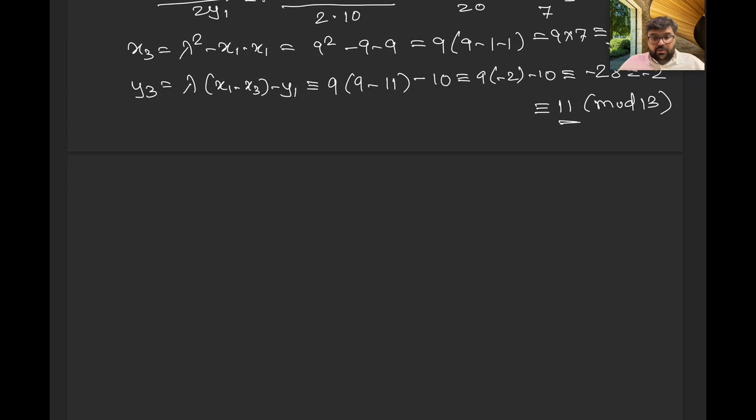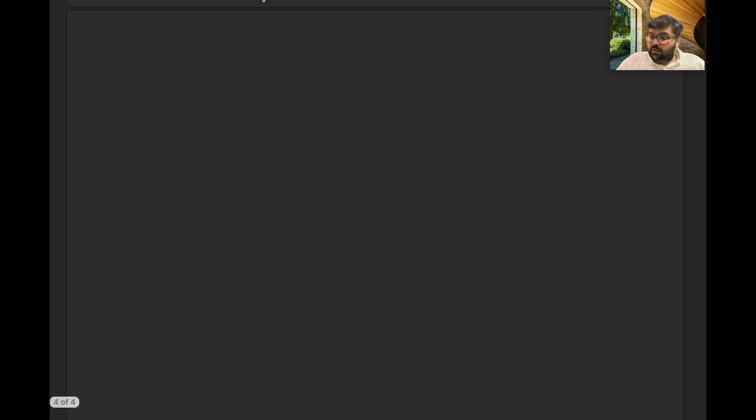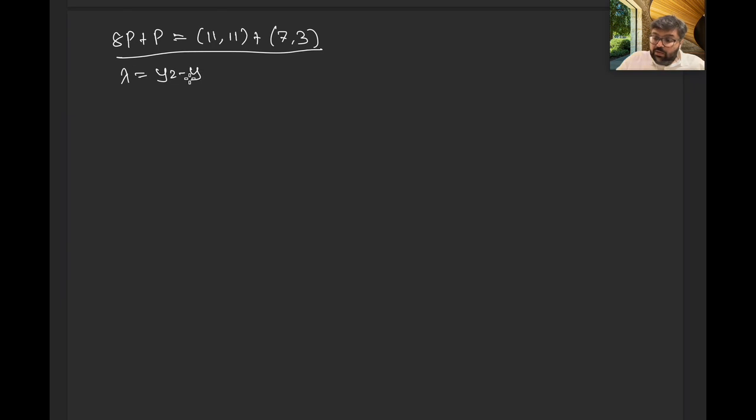Okay, so last step, 8p plus p, which is 11 comma 11 plus 7 comma 3. And so here now lambda is y2 minus y1 upon x2 minus x1, and this is 3 minus 11 upon 7 minus 11. So this is minus 8 and this is minus 4.